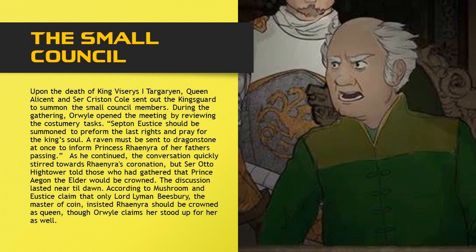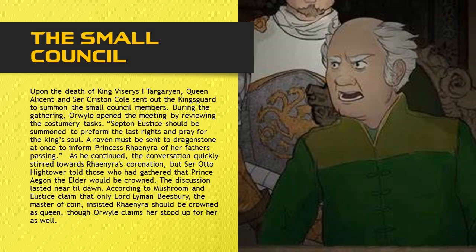All right, where was I? So Otto Hightower still tells everyone that they're going to do Aegon the Elder instead. The discussion lasted near till dawn. According to Mushroom and Eustace, who were not there, they claim that only Lord Lyman Beesbury, the Master of Coin, insisted that Rhaenyra should be crowned as queen.